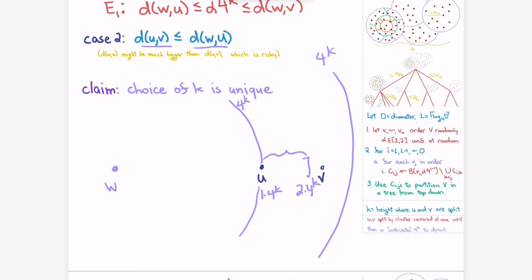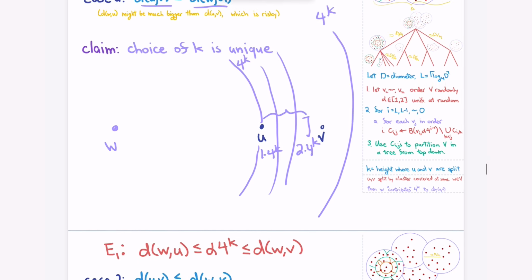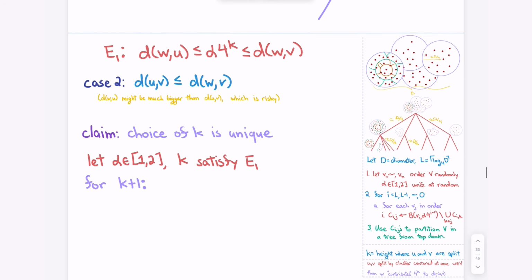Yeah, so if I drew a line here, this would split up U and V. Okay. Alpha is uniformly continuous between 0 and 1. Yeah, okay.